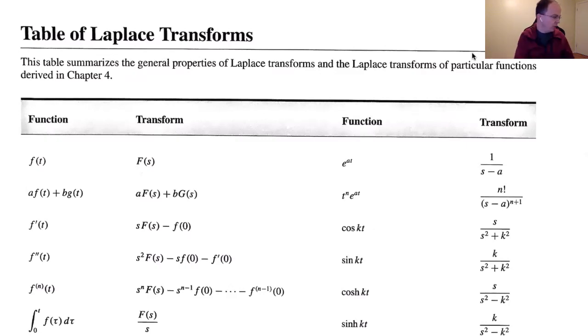If you open your text, my textbook's kind of broken here, but here's the textbook, and if you open the front cover, right there, you see the table of Laplace transforms on the left, and on the right, there's a table of integrals. So this will become a very valuable table. We're going to learn how to use this table of Laplace transforms to solve initial value problems.